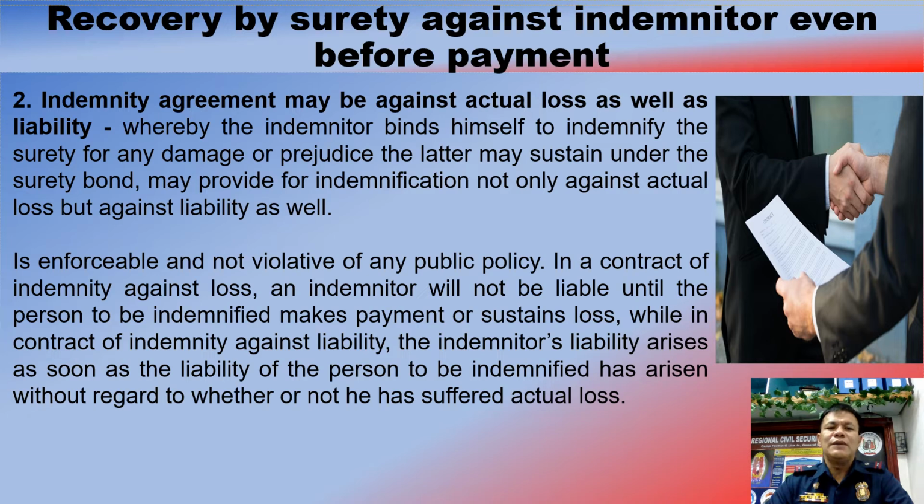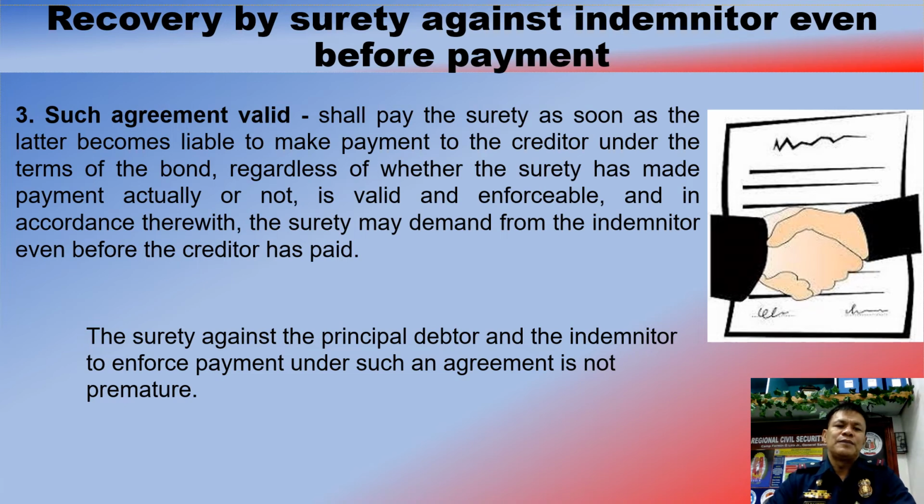In a contract of indemnity against loss, an indemnitor will not be liable until the person to be indemnified makes payment or sustains loss, while in a contract of indemnity against liability, the indemnitor's liability arises as soon as the liability of the person to be indemnified has arisen, without regard to whether or not he has suffered actual loss. Third, such agreement valid.